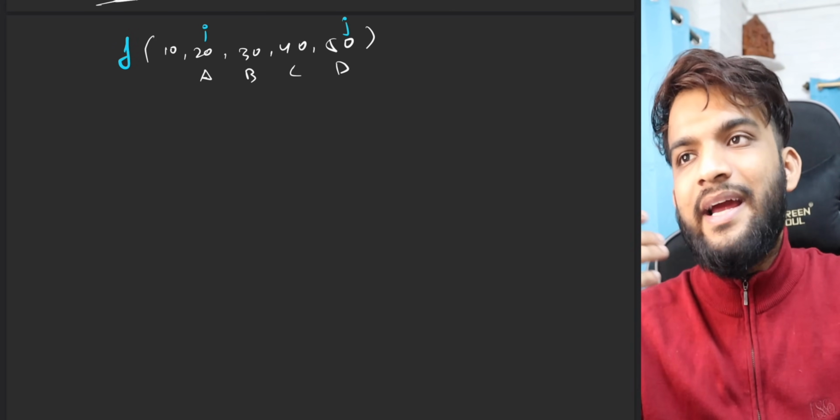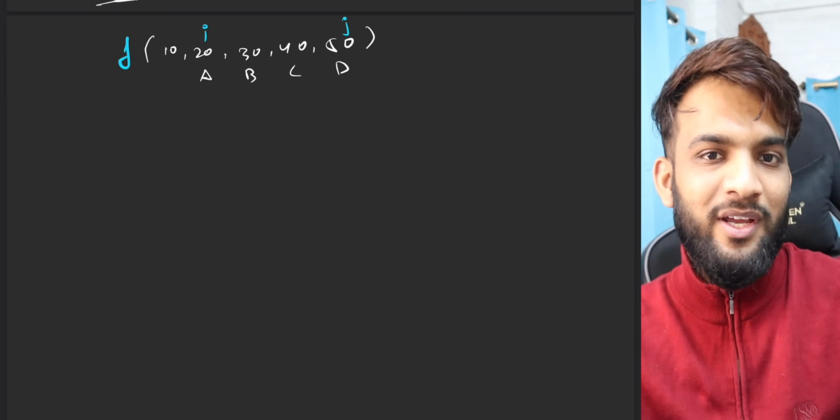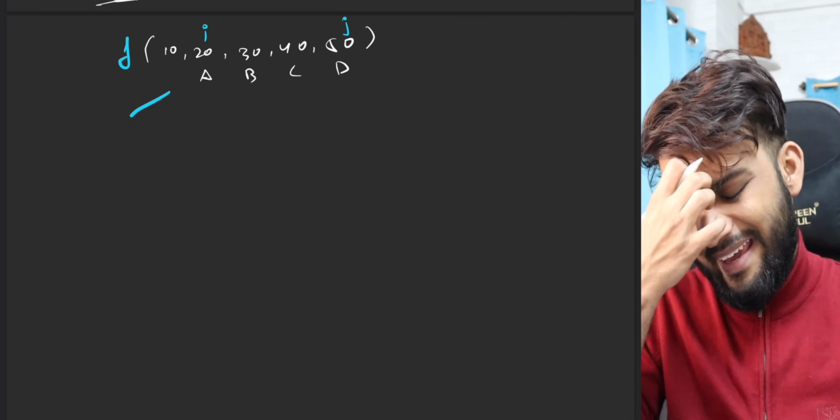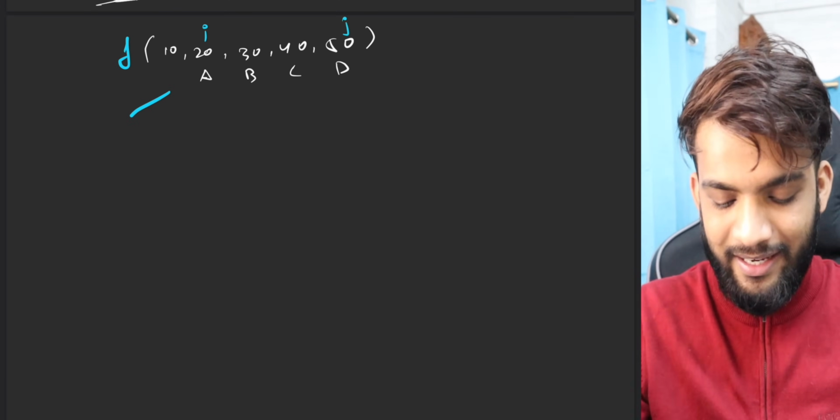Now, what kind of partitions did you do? You did 3 kinds of partitions over here. One partition you called was, you said, hey, listen, I know one thing for sure.